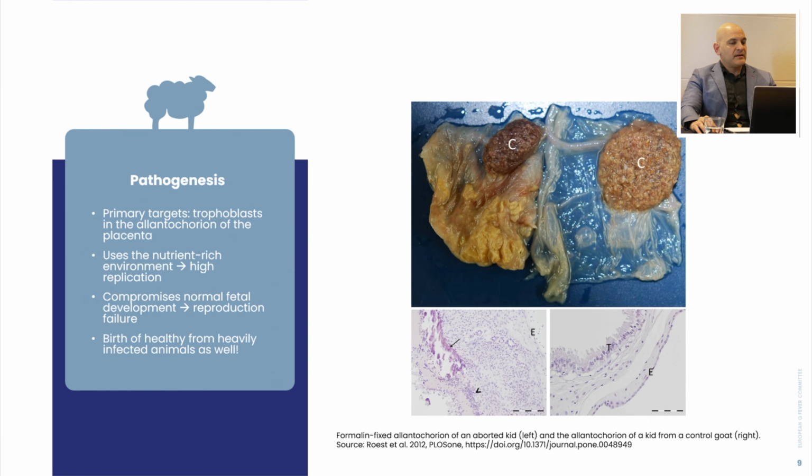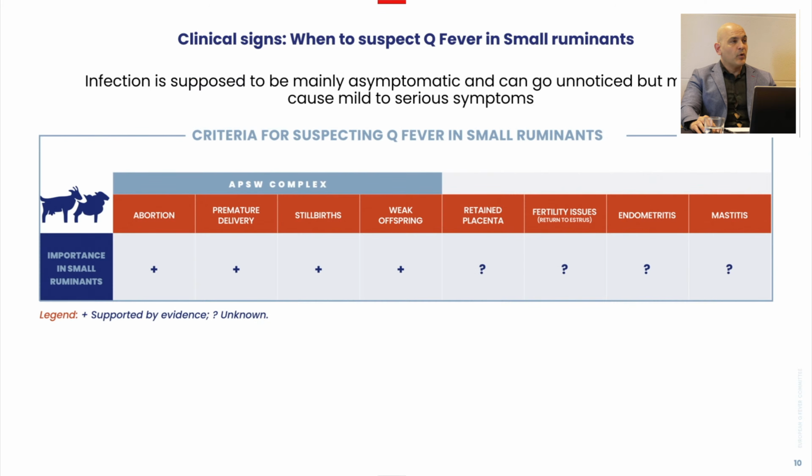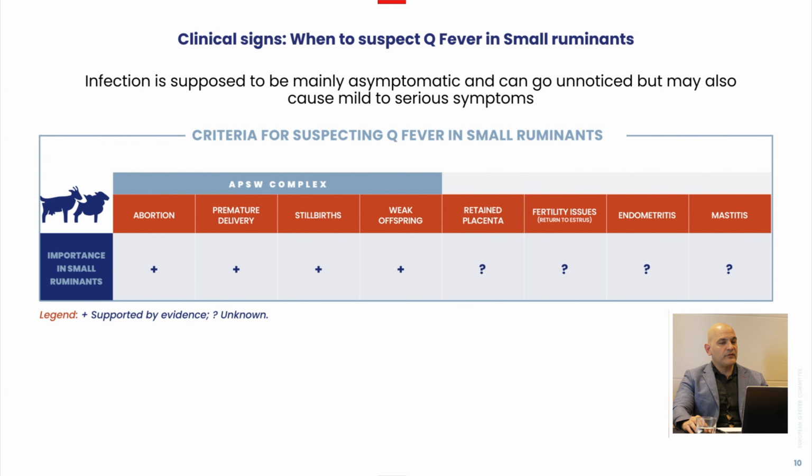The latter probably explains the birth of many healthy animals, even if the mother is infected and shedding the bacterium, as the cotyledon villi are the main structures involved in the exchange of gases and nutrients between the mother and the kid. In both humans and animals, the majority of Coxiella infections are subclinical and asymptomatic.